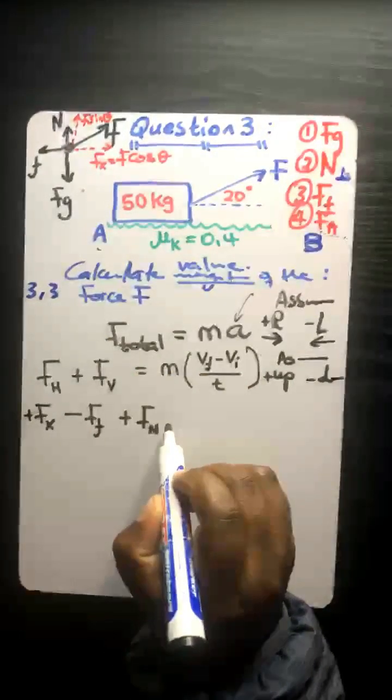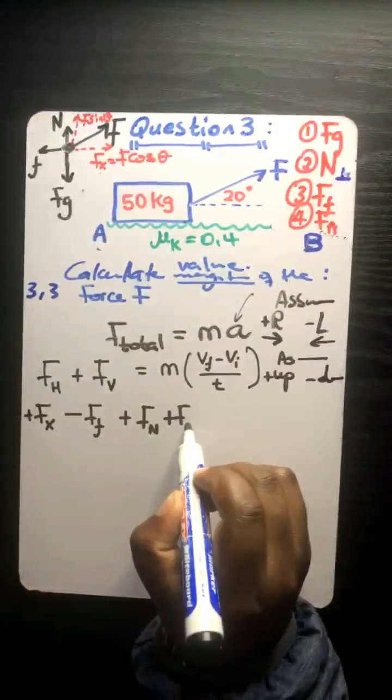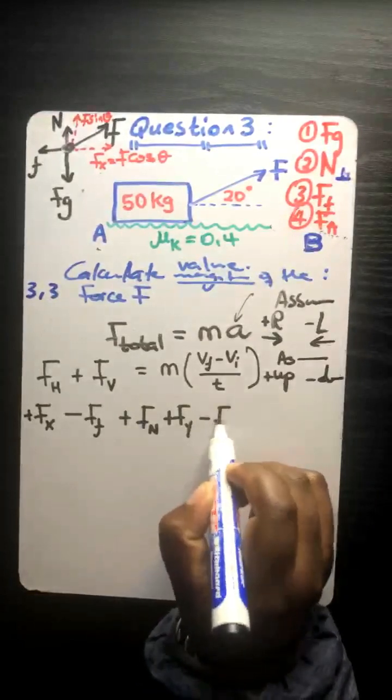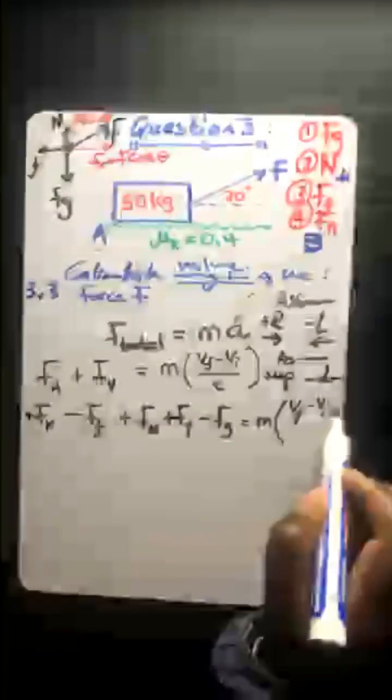We also have the Fy also going up. And then we have Fg going down. That is why I'm having a minus there. And all of that is equal to ma.